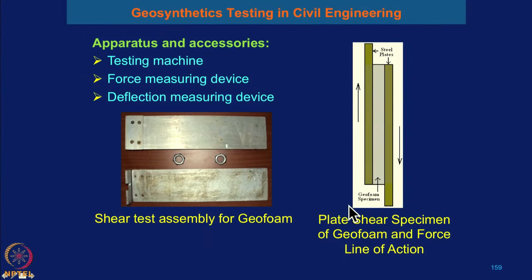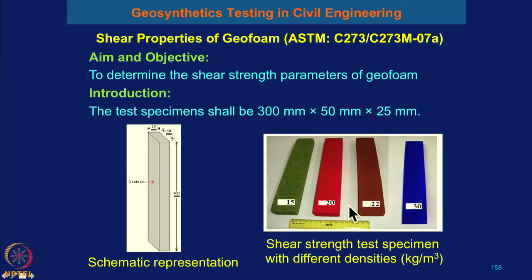So how are we to perform the test for the shear properties of the geoform material? This is as per ASTM C273, C273M-07a.